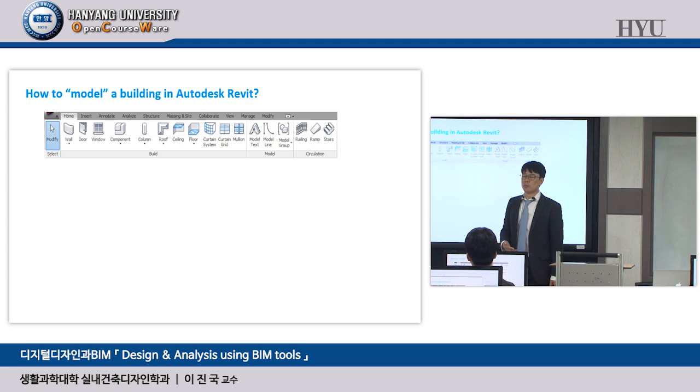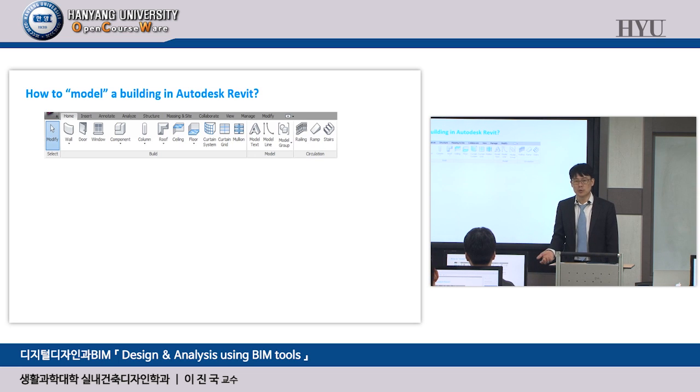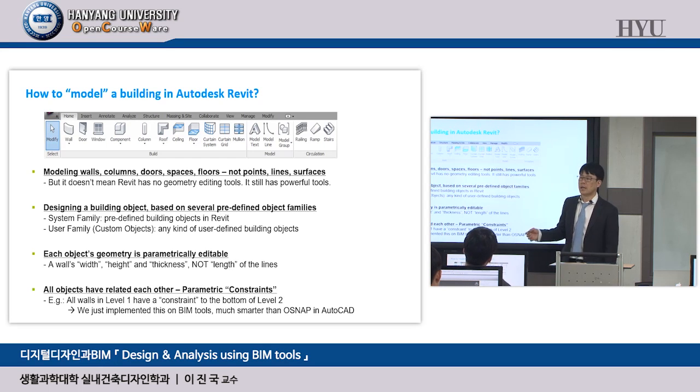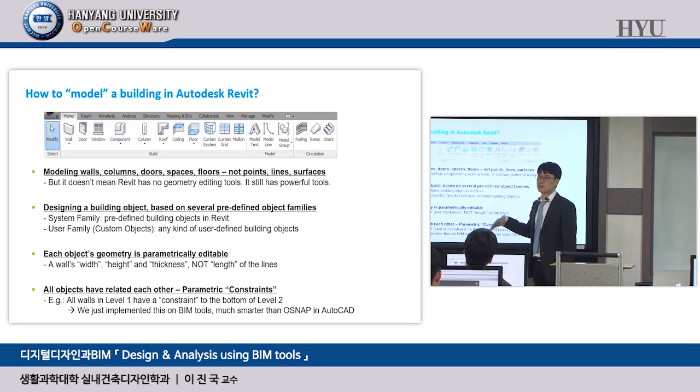So most people, when they saw the Revit interface the first time, they feel like this is a very easy to use and powerful application. Of course, it's easy, but actually now you understand the technologies or some related mechanisms behind it are very complicated, okay? Lots of things out there.